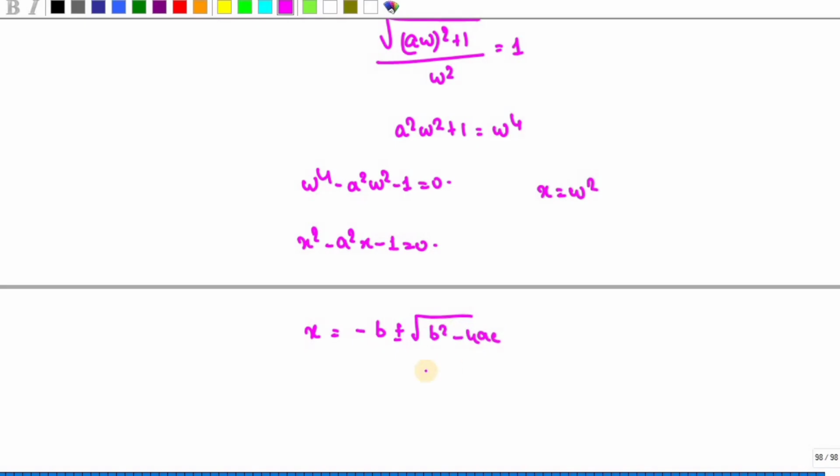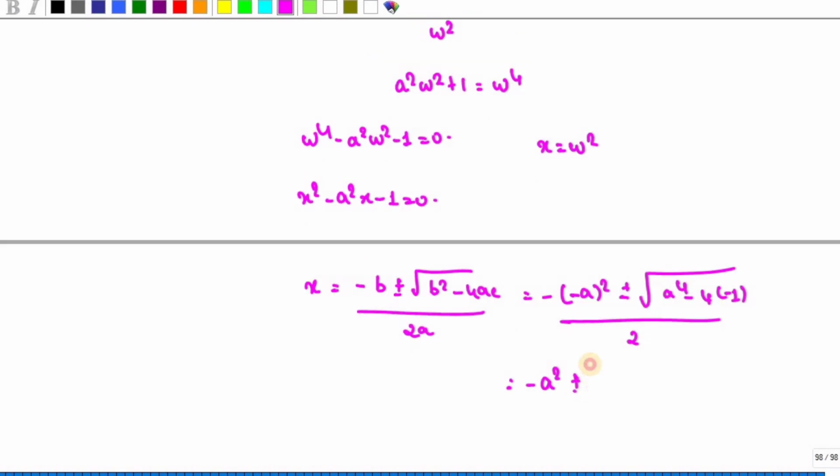So that is minus of minus a². Okay, I have written it wrong here. Plus or minus root of a⁴ − 4 into minus 1, divided by 2. So I can write it as plus a² plus or minus root of a⁴ + 4 divided by 2. This is your x value.